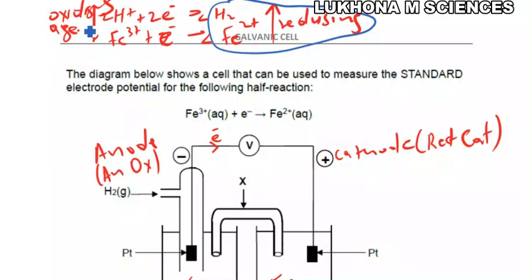Then for the oxidizing agent, we're going to choose between these two, which means this one, the arrow, is the stronger oxidizing agent. This one is a stronger oxidizing agent, this one is a stronger reducing agent.